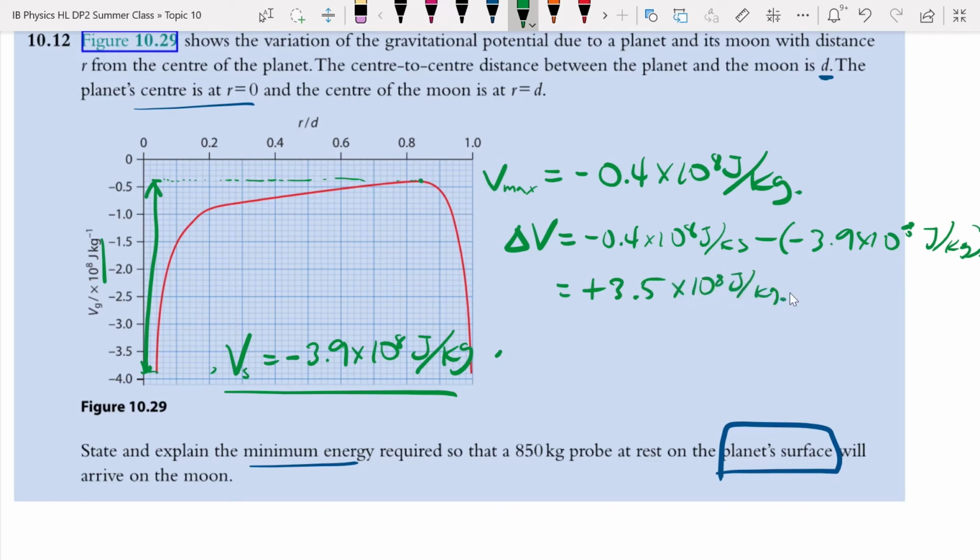But this is still potential, this is not energy. How do you get energy? You want joules, so you have to multiply by kilograms. The change in potential energy, or the energy required, let's call it E minimum. It's going to equal the change in potential multiplied by the mass, 850 kilograms, which will give you the minimum energy.